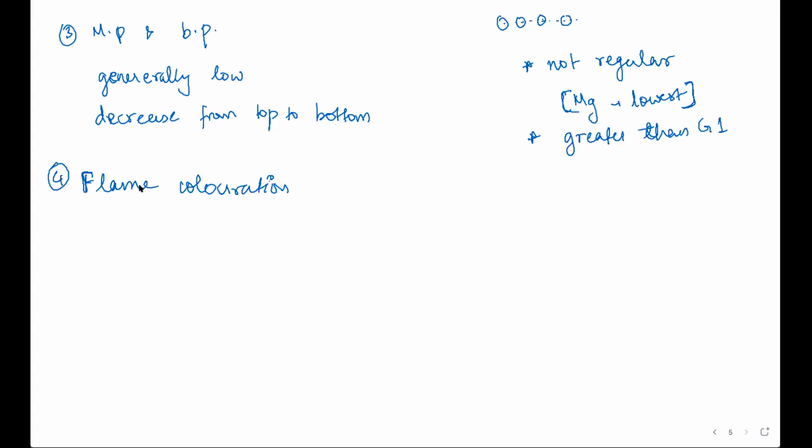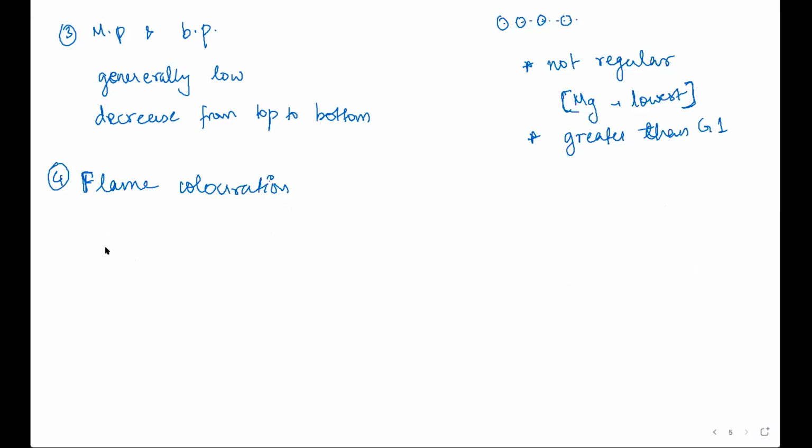When you're burning a metal, you're literally putting it in the middle of an energy ball. When you expose a metal to energy, the electrons jump to a higher level and then jump back, and when they jump back, they emit a particular wavelength of energy, which gives the color of the flame. That's basically what happens.